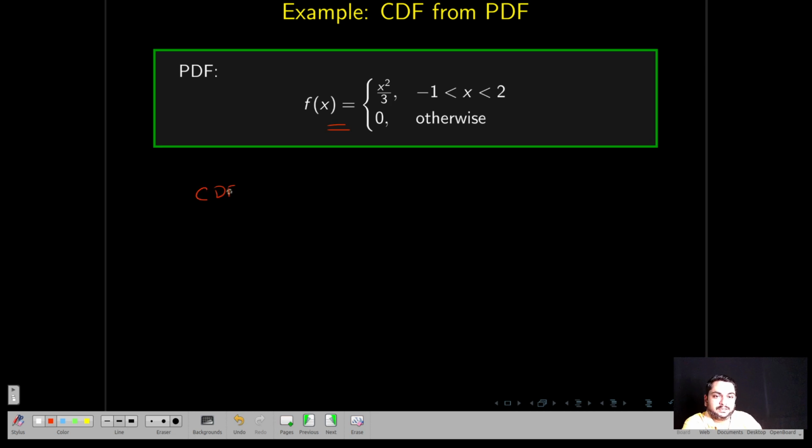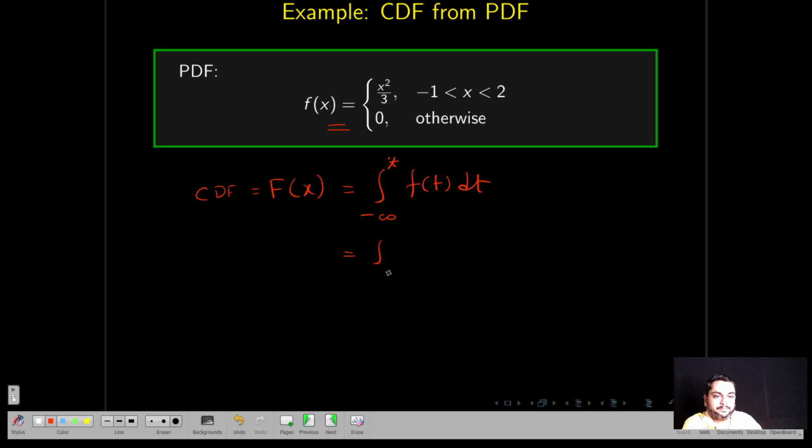So the CDF is F of x, capital F of x. First, what you have to do is, this is given by the integral from minus infinity to x of f of t dt. Now put t in this f; instead of x, there is t.